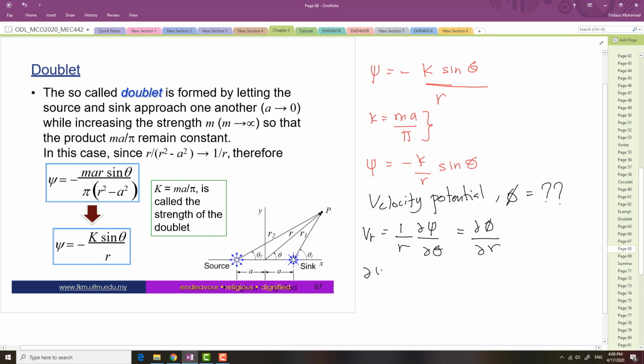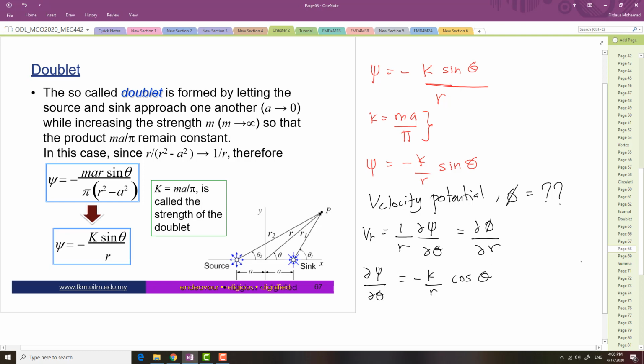Differentiate sine, you will get cos theta. So you will obtain negative k over r cos theta.